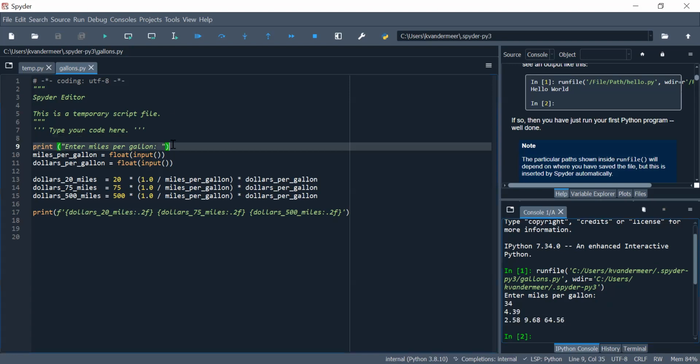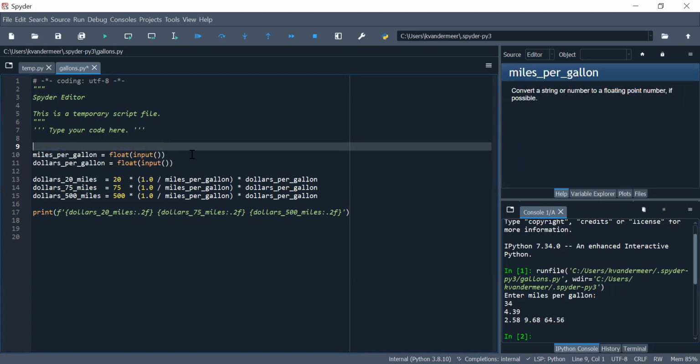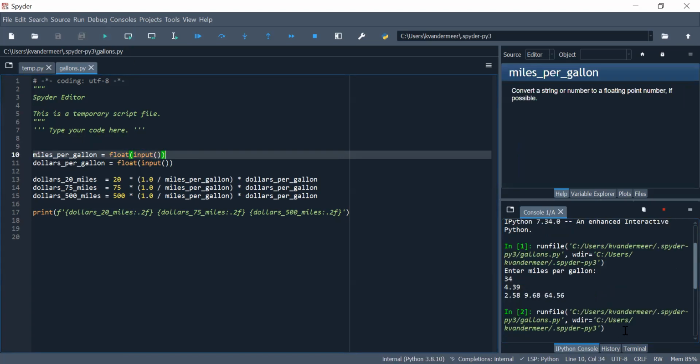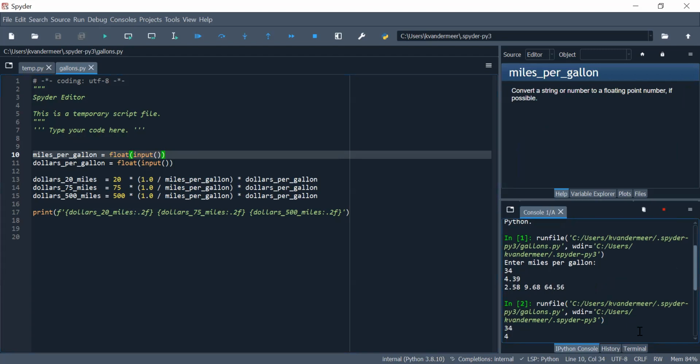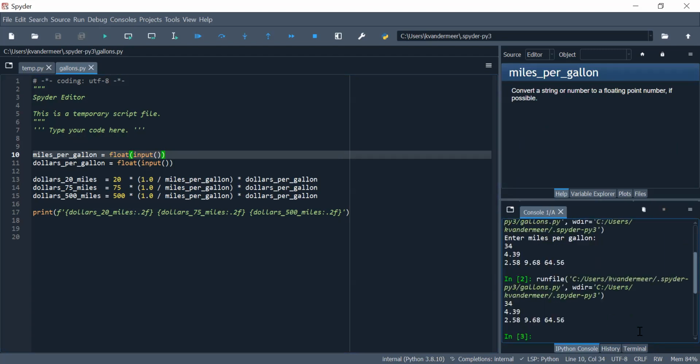What I hate about Zybooks is it doesn't give you prompts, and that doesn't help with the confusion. When you run this, you're just entering 34 and then entering 4.39 and then you get your output.